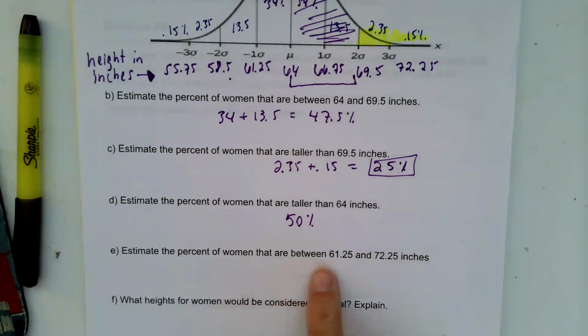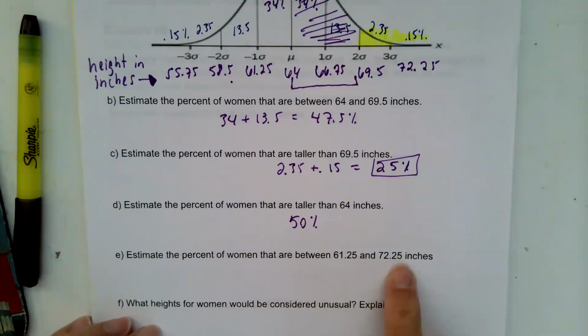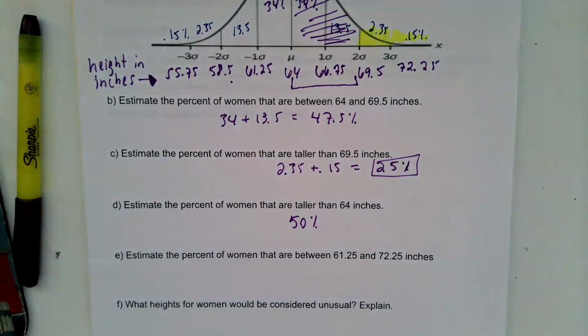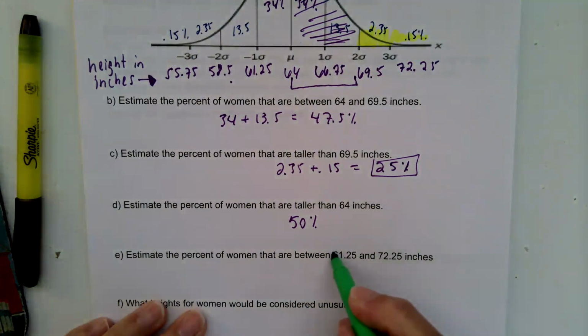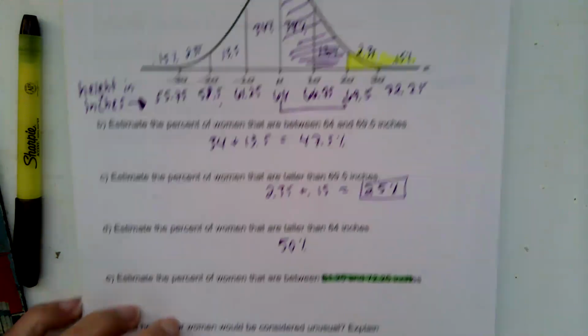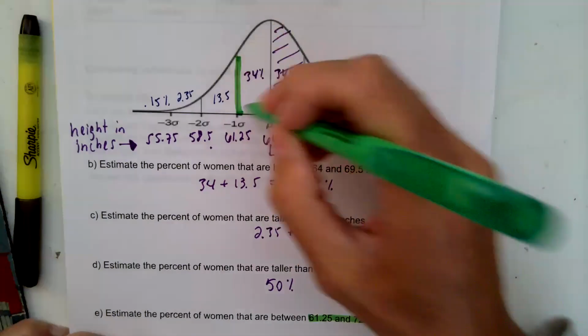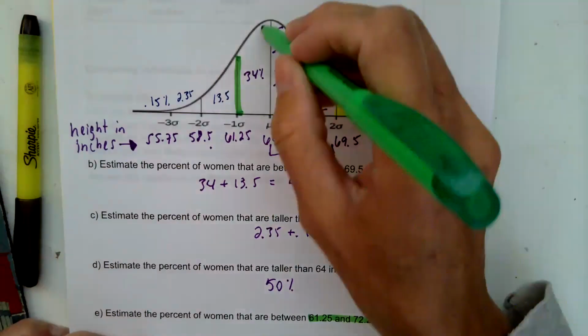Estimate the percent of women that are between 61.25 and 72.25. So I'm going to mark those. 61.25 to 72.25, so 61.25 all the way out here.